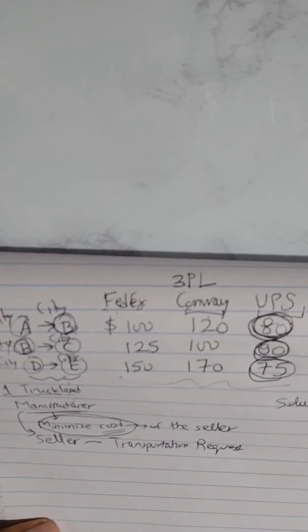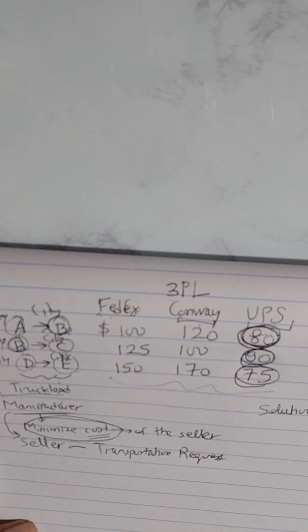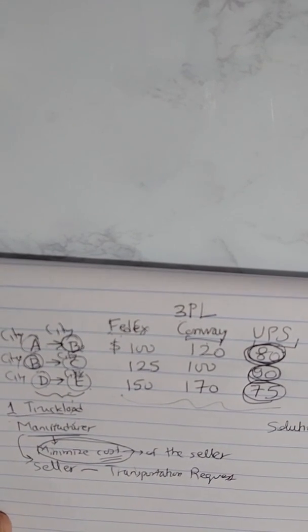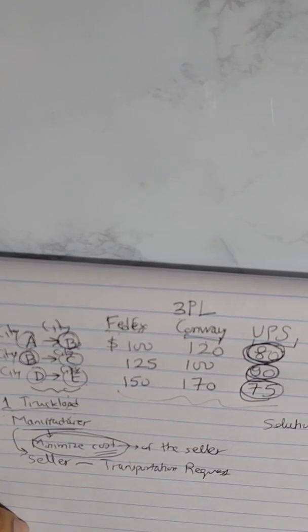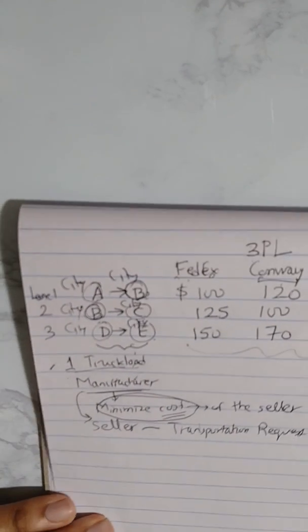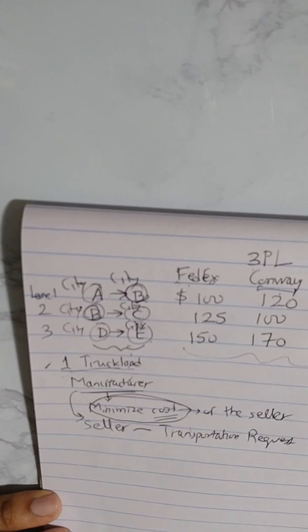Okay, so again, look back at this example. Hope you understand clearly how this reverse auction is set up and how we solve it. Again, the objective is to minimize the cost of the seller, and this is how it's set up.